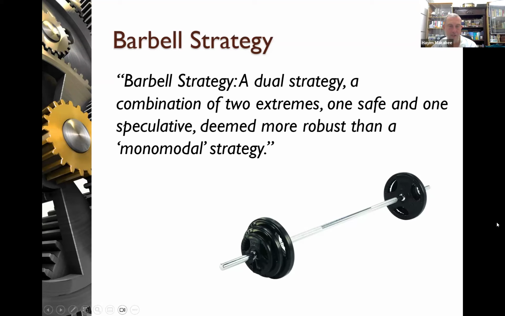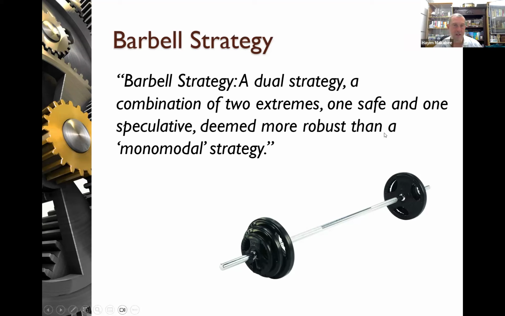And this object, it has two extremes. You see, it's an interesting object because it is very heavy. This is a very heavy object, but the weight is on the extremes. It has on the extreme left and extreme right.